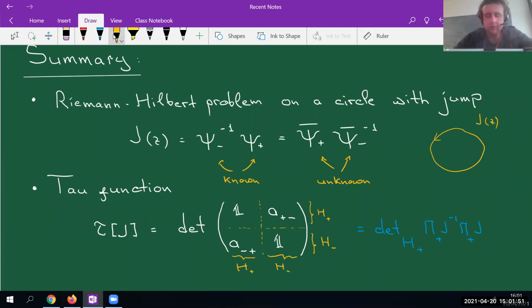And this jump matrix was allowed to depend on some parameters. And we have introduced a tau function associated to this Riemann-Hilbert problem as this Fredholm determinant.